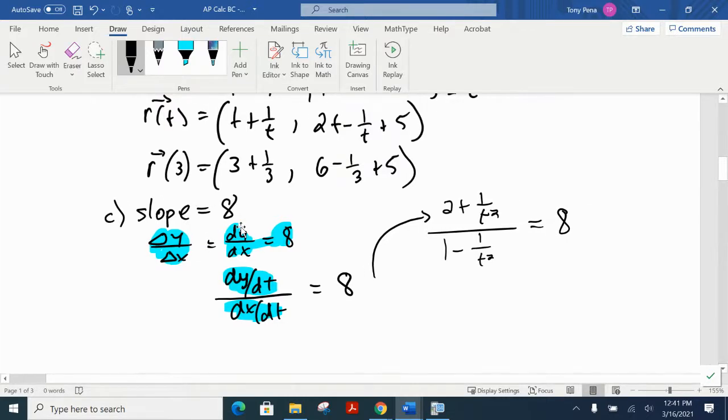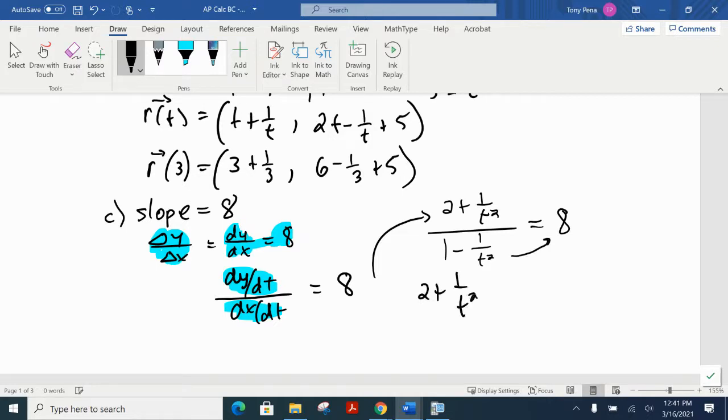No getting around this one. All right, this you do need to now go through the algebra to solve this, so this you can't freak out about. We got to be able to handle this. So I'm going to multiply this over, so we'll get the 2 plus 1 over t squared. I'm going to distribute the 8 while I do that, so we'll get 8 minus 8 over t squared. You can do some different things at this point.